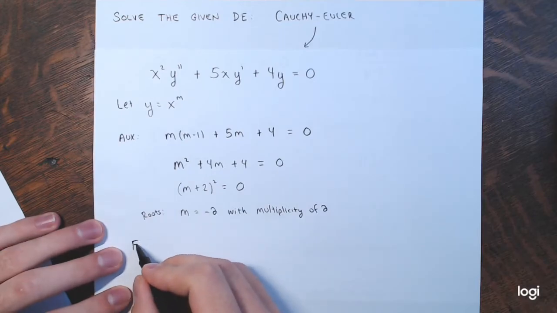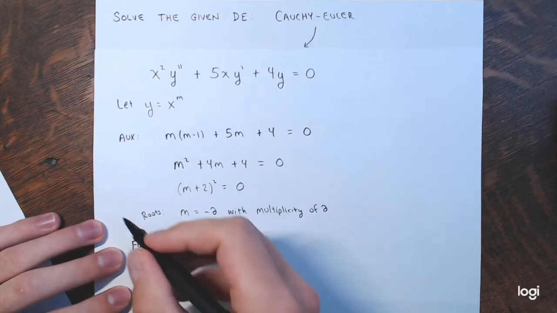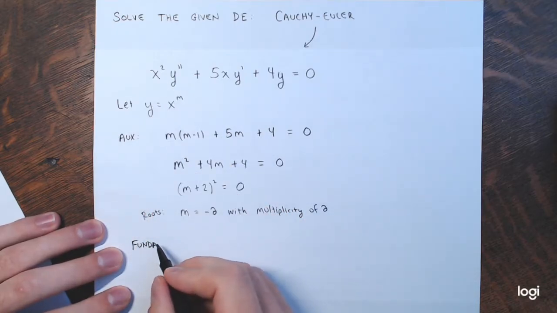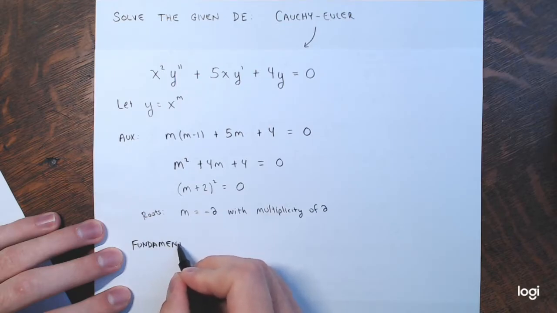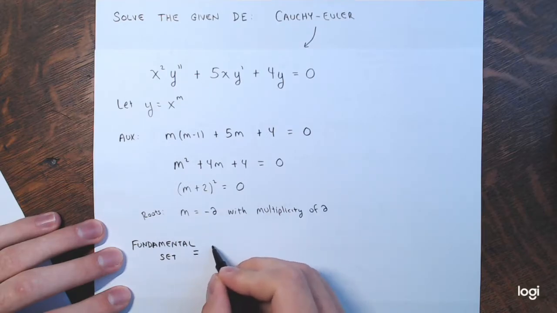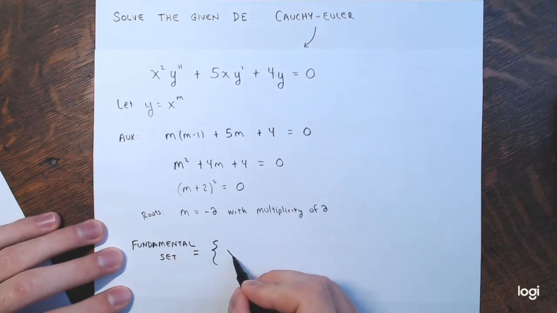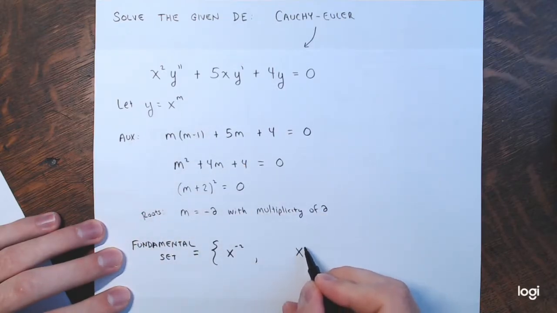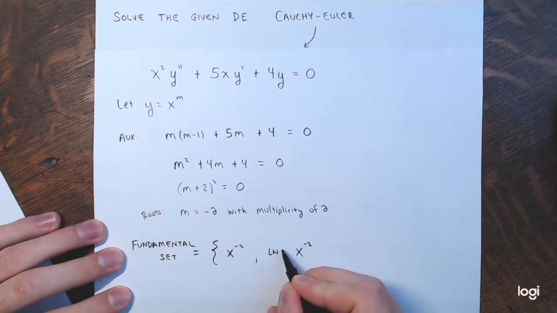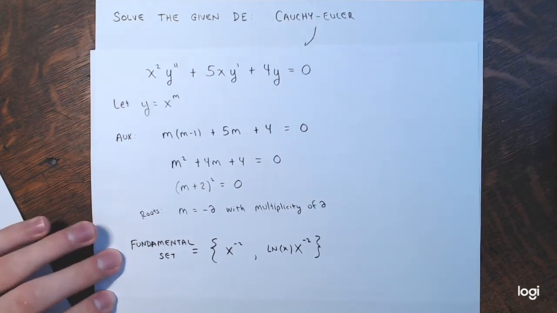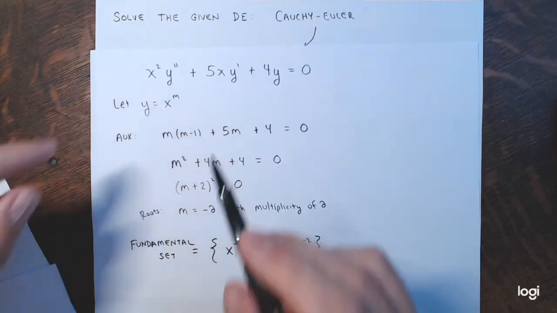So when I go to write the fundamental set of solutions to this equation, the two linearly independent solutions, it'll contain x to the negative second, replacing m with negative 2, and then x to the negative second times the natural log of x. There are your two linearly independent solutions to this differential equation.